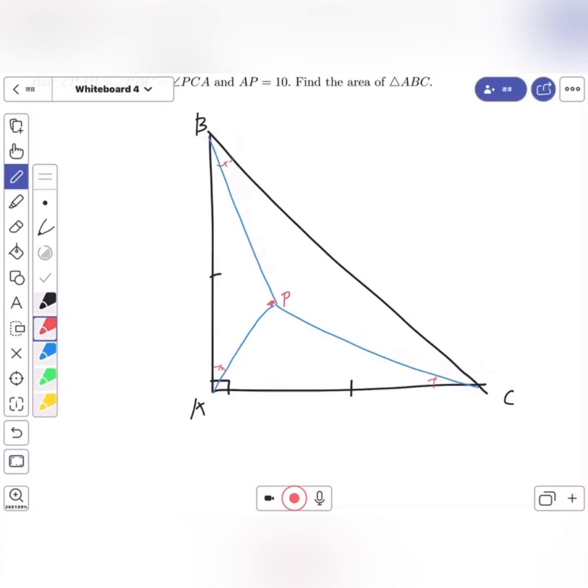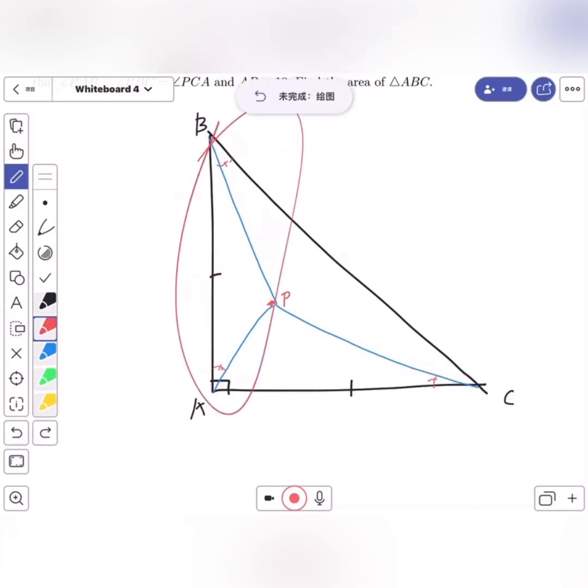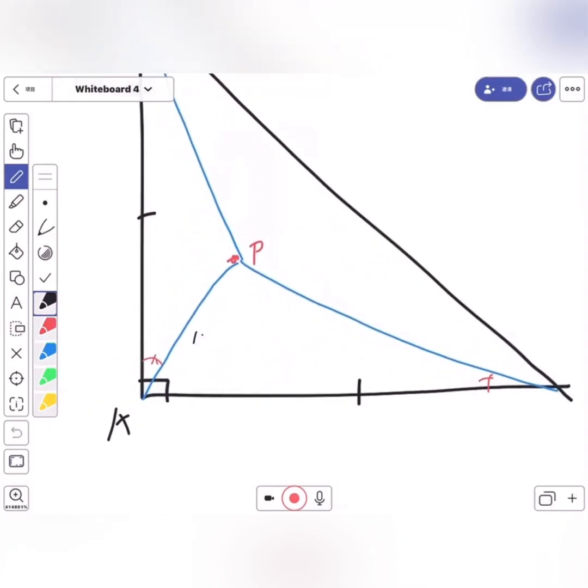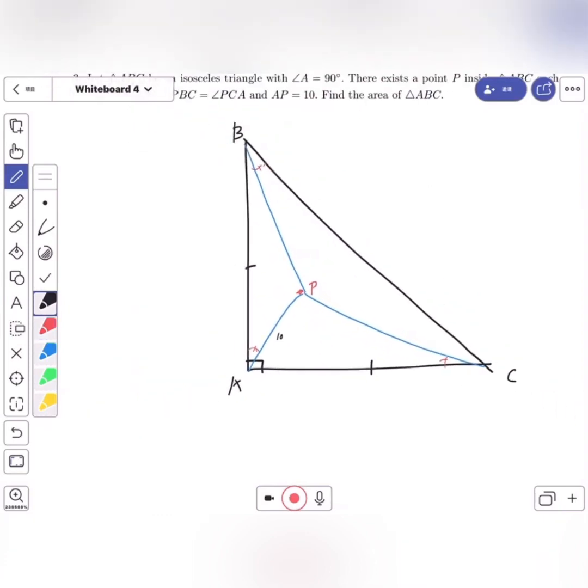You might be asking, well, how are these three angles not even connected, and we don't know whether these three triangles are the same. And also the only thing we know is that AP is equal to 10. Or you might be thinking, 3 angles, what about if they're in the same triangle?